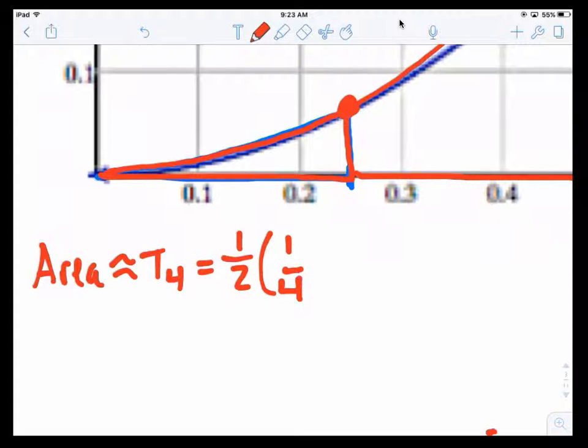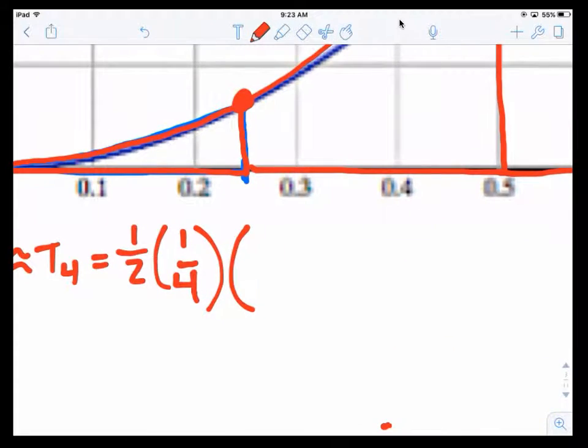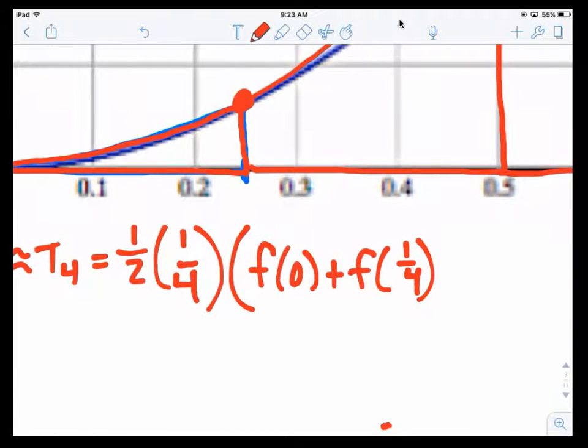All right, now I have to do the sum of my two bases, right? So my first base would be f of 0, and then my second base would be f of 0.25, or f of 1/4. So f of 0 plus f of 1/4. All right, so that would be the area for the first one.